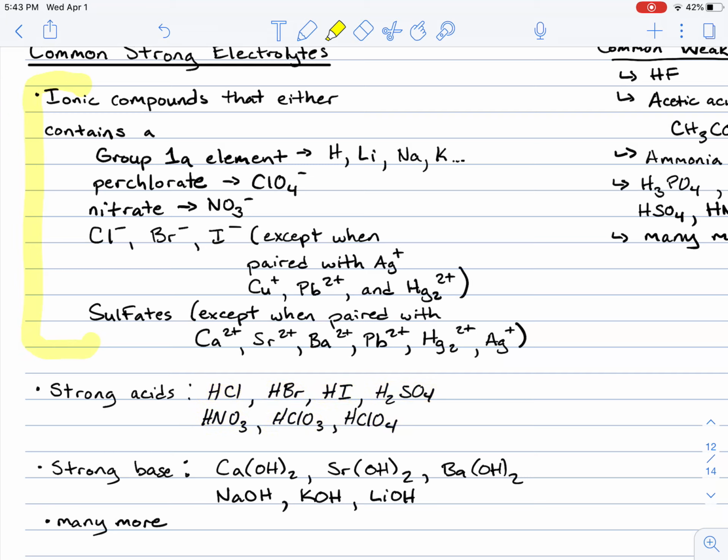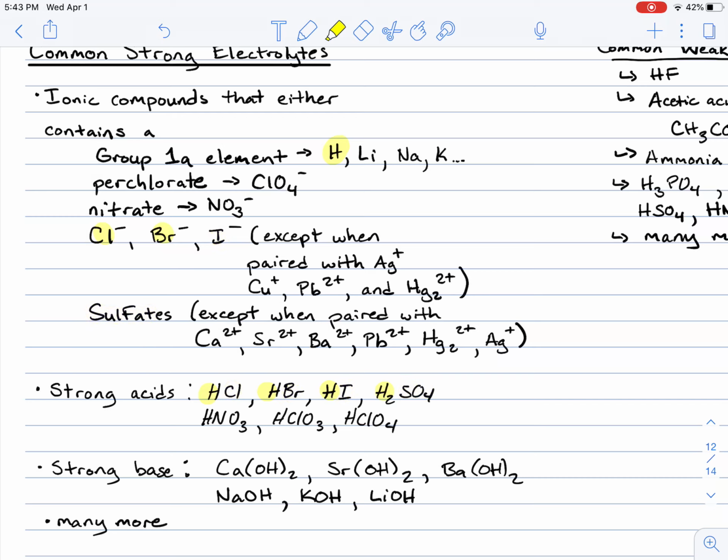And so if you look at these strong acids, notice that they kind of overlap with, for instance, some of the solubility rules. So like hydrogen, right? Chlorides, bromides, iodides. So here we see that again. Sulfates, right?